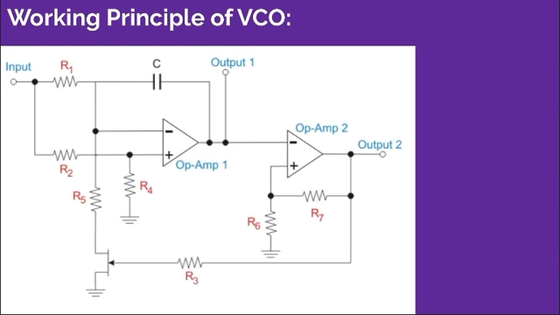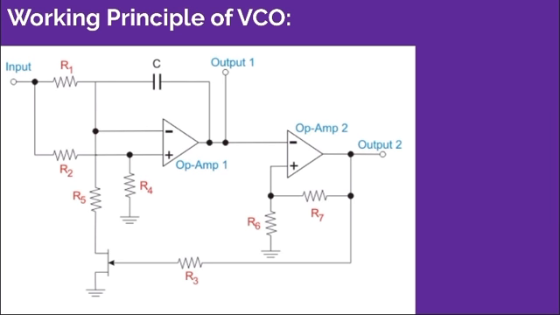Operational amplifier 2 operates as a Schmitt trigger. Remember, operational amplifier 1 works as an integrator, and operational amplifier 2 operates as a Schmitt trigger. Here the input of this operational amplifier is a triangular wave, which is the output of the other operational amplifier.